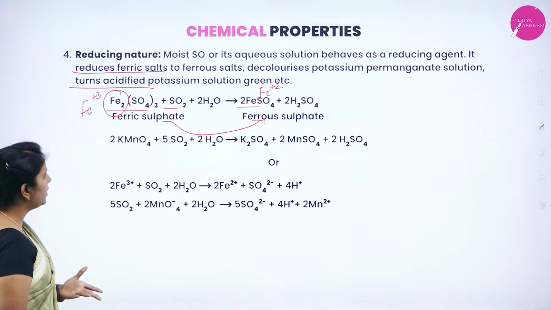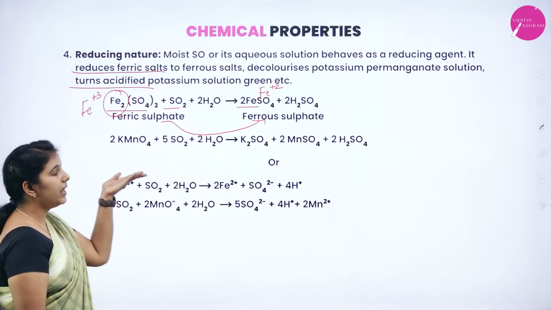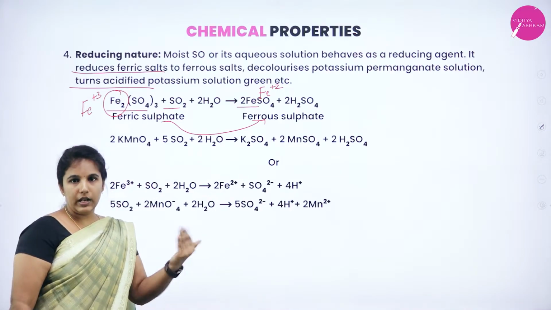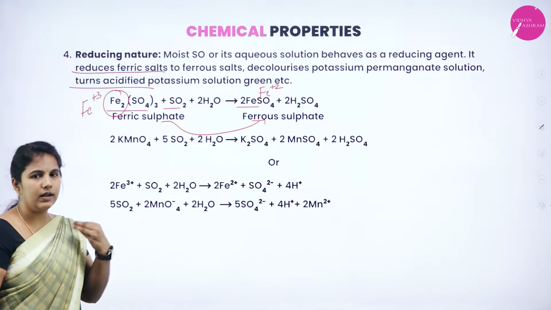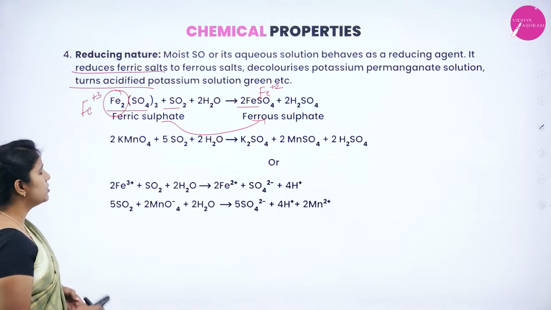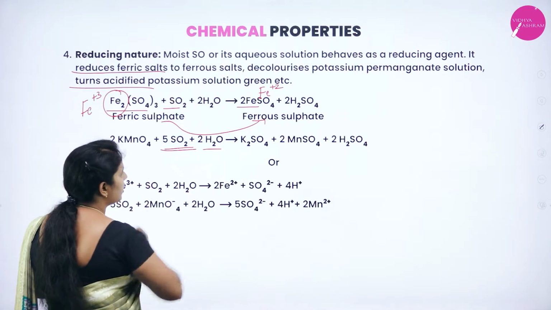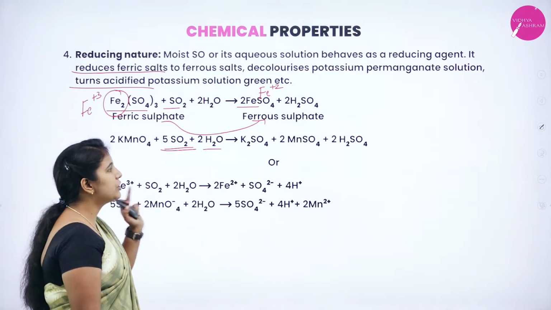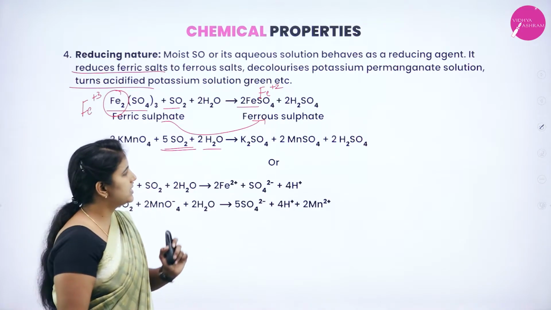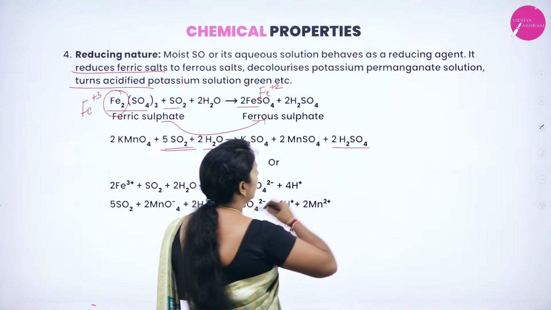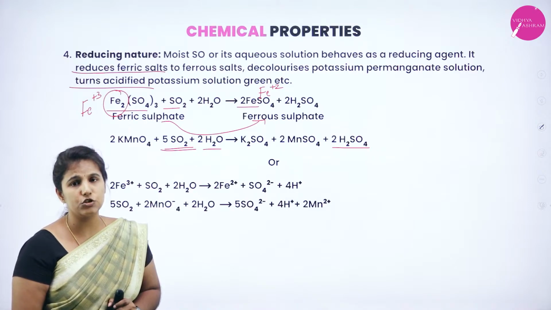And you have one more reaction, that is, if you take potassium permanganate, which is dark violet colored crystals, hope you know that. If it is allowed to react with sulfur dioxide and water, it forms potassium sulfate and manganese sulfate, and also it forms sulphuric acid, that is H2SO4.